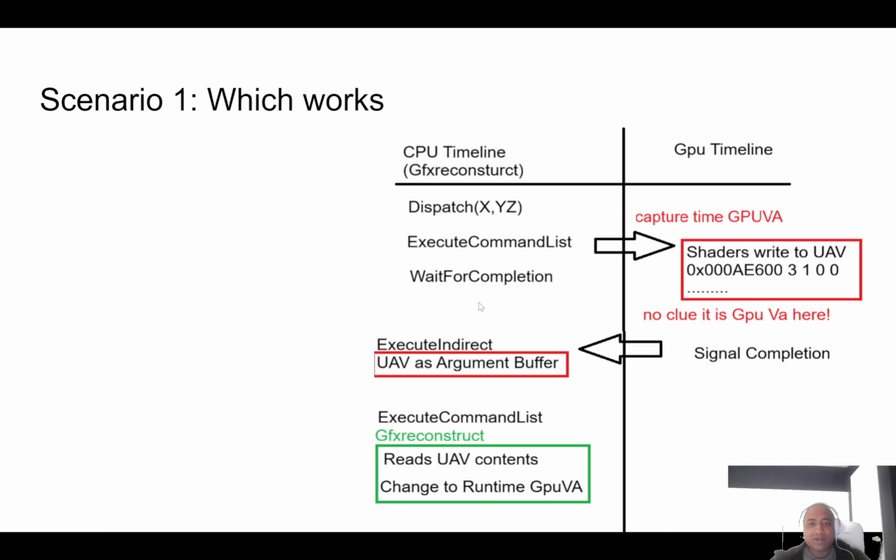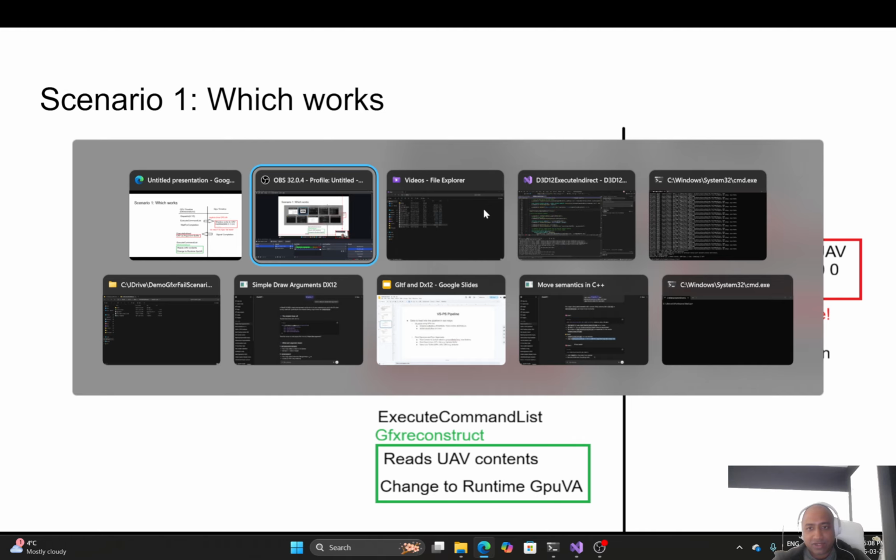This is possible because the dispatch executes first and then the CPU waits and then the indirect execute is submitted to the GPU, and just before submitting, GFXR Reconstruct gets a chance to change the UAV contents so that the addresses are now the replay time addresses. So let's see how this works.